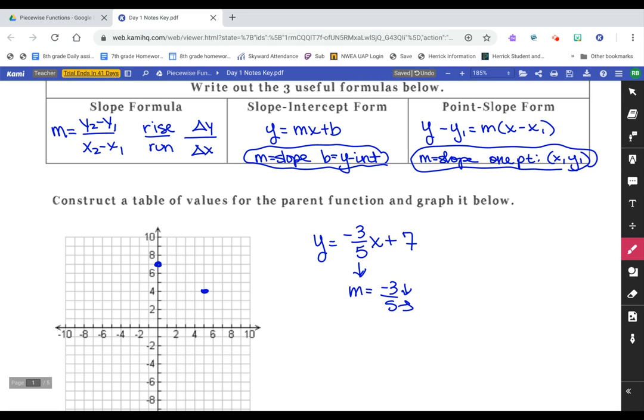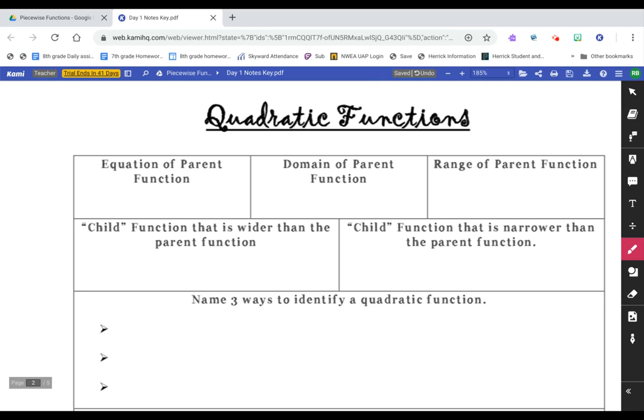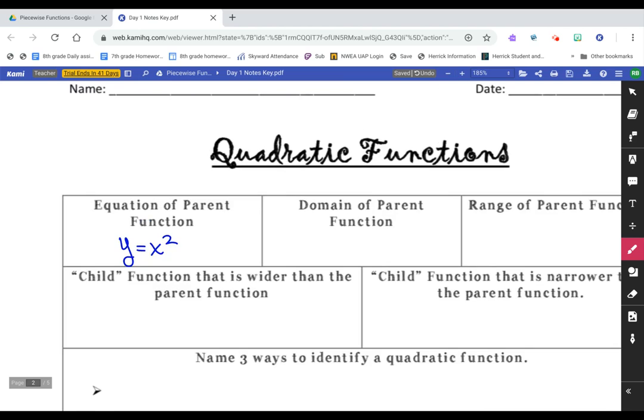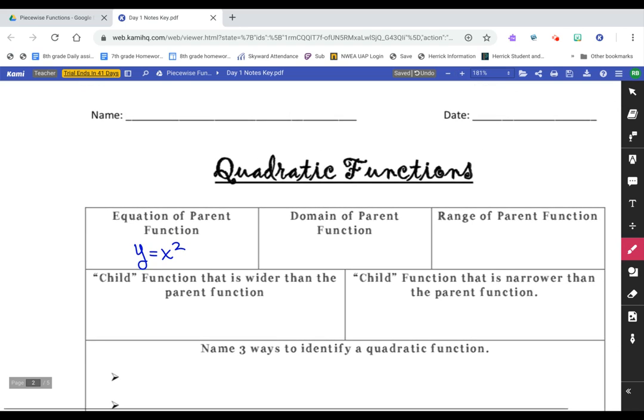All right, and you all know how to do this, so let's move on from our linear functions into quadratic functions. So the parent function of a quadratic is going to be y is equal to x squared. You know that it's a quadratic because x is raised to the second power. You're going to end up making on your parent function a parabola.